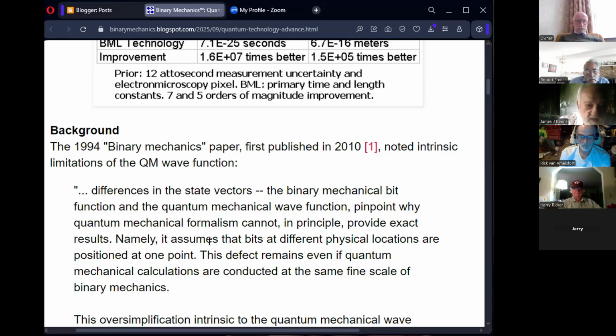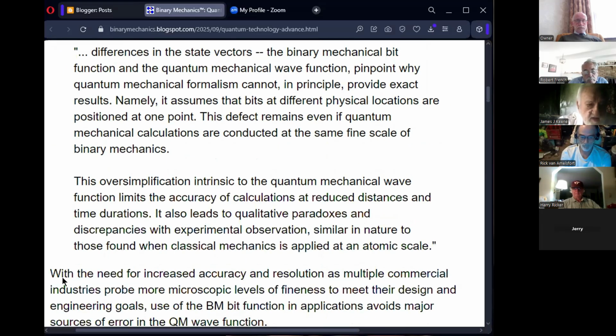Why? Namely, it assumes that bits, or quanta, or one states in binary mechanics, as we'll see a little later, at different physical locations are positioned at one point. This defect remains even if quantum mechanical calculations are conducted at the same fine scale of binary mechanics.